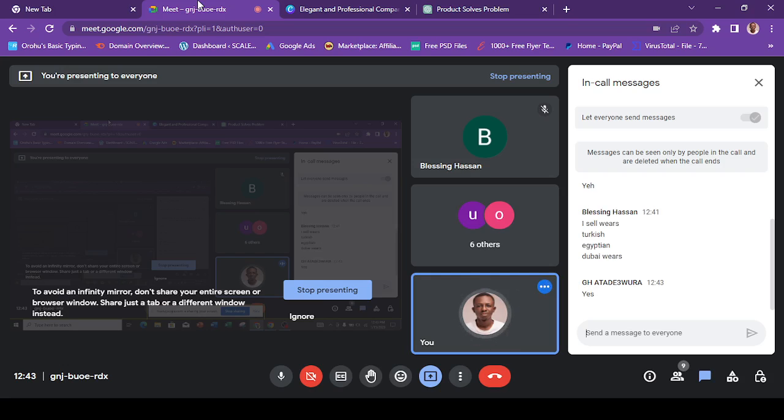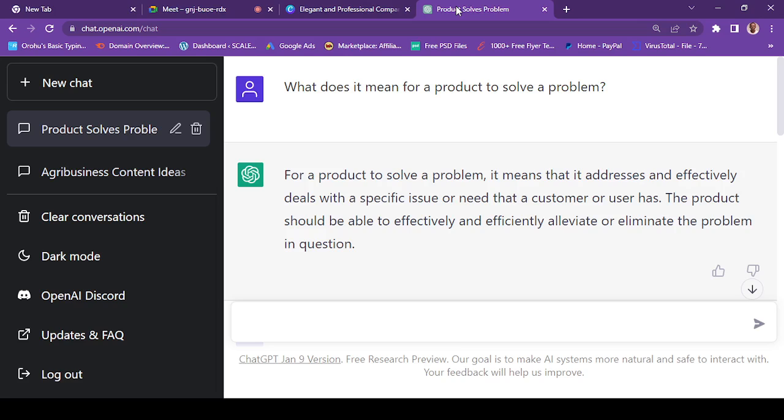Yes, you can see it. So now let me explain what happened on this page. This is a question I asked. I asked this artificial intelligence what it means for a product to solve a problem, and look at the answer I got from it.